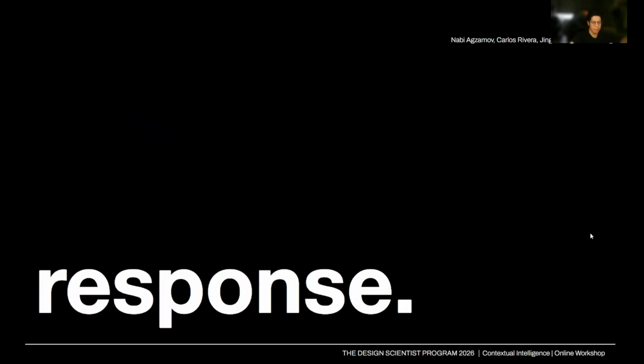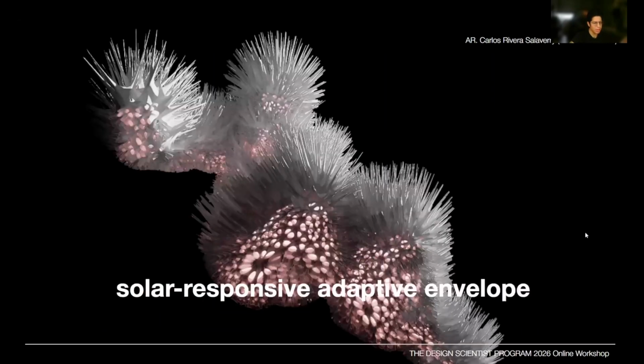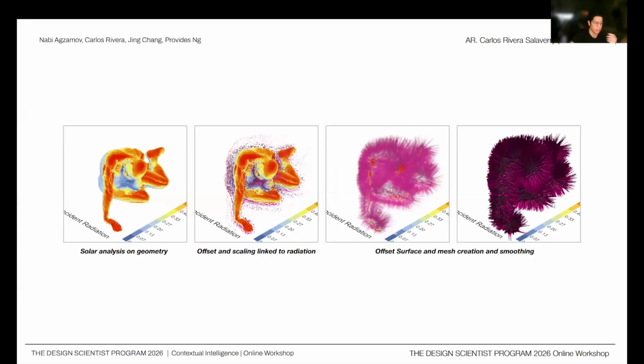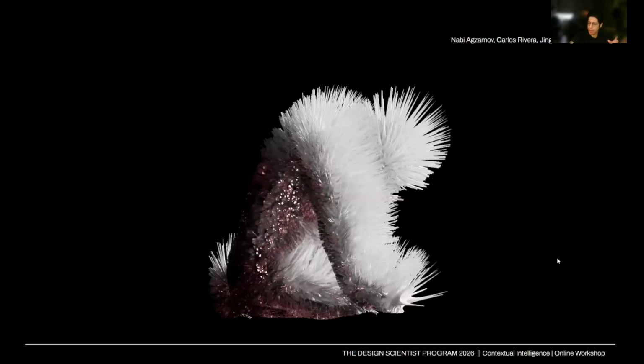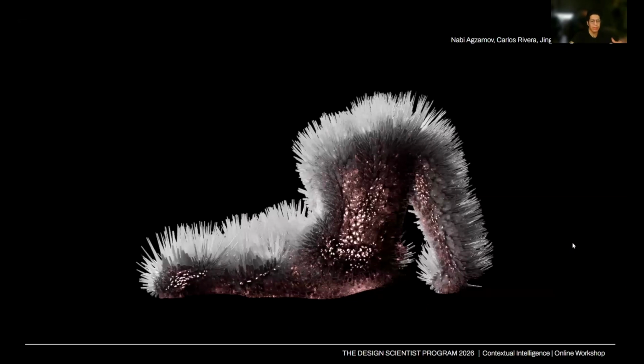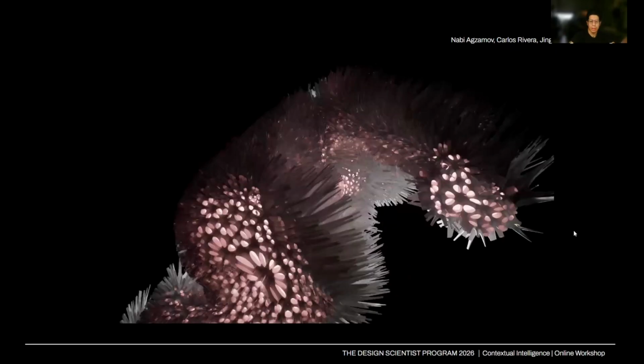And for solar responsive, of course, we're going to design certain envelopes that are going to adapt to solar orientation based on the analysis that we're going to be running. And also we're going to have some water runoff simulations and how surfaces or volumes take part in this, and how they can change the water streams.